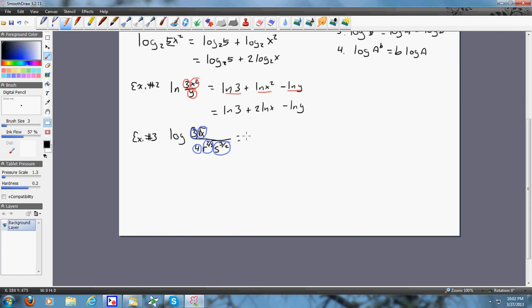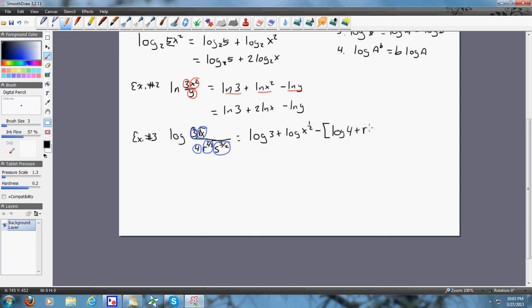So first thing I'm going to do is I'm going to say, all right, this is going to be log 3 plus log x to the 1/2. X to the 1/2 comes from square root of x. Minus, I'm going to put this whole thing, because the whole denominator is being divided, minus log of 4. But take a look, the whole denominator is being divided, but these terms are actually being multiplied.